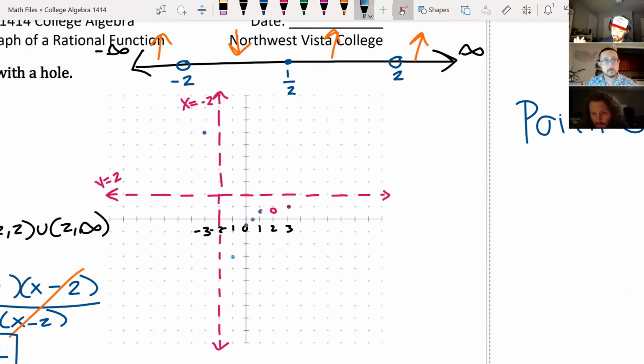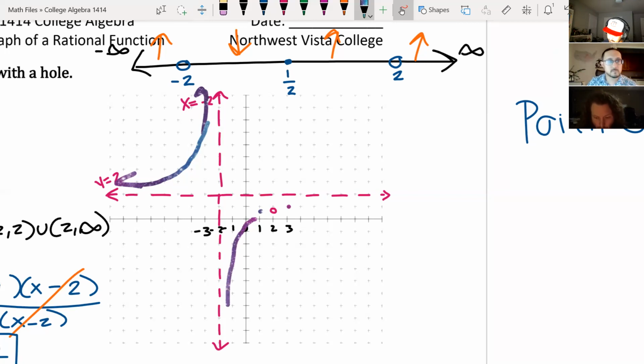So from -infinity to -2, we are above. So from this point, we follow the asymptote up and down to the left. And then from -2 to 1/2, we start at the x-intercept and follow the vertical asymptote down.